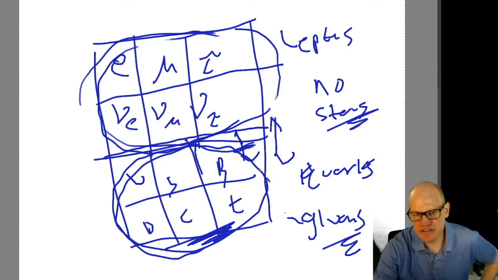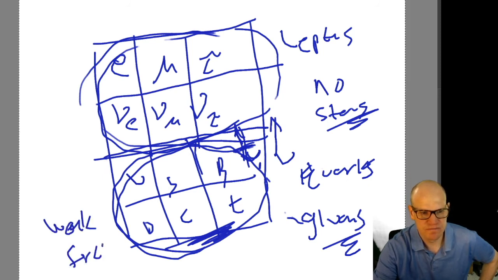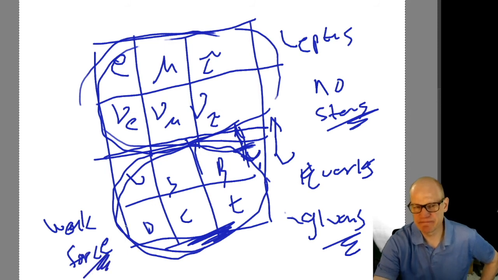And then there are a handful of interactions that can take place between the quarks and the leptons that's through the weak nuclear force. Weak force, F-O-R-C-E. And we'll talk about the weak force next time.